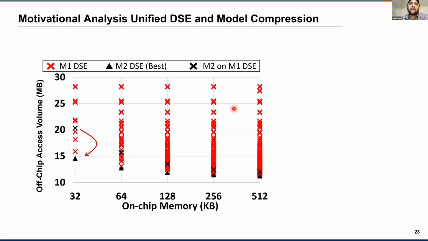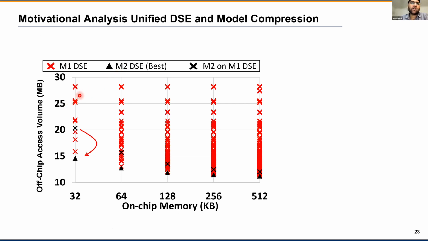Moving on. Afterwards, we did one more experiment. In this experiment, we took the model M1 and did the design space exploration. Afterwards, we took the model M2 and again did the design space exploration.